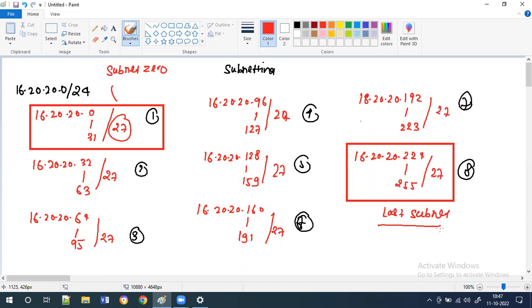And IPv6 can cover beyond your imagination. You cannot count that. It's more than trillion, billion, whatever, right? But there was no command to use subnet 0 and the last subnet.